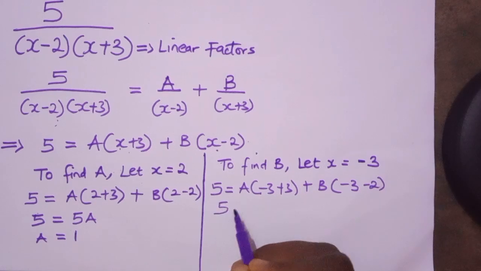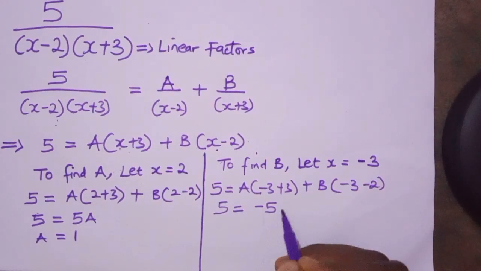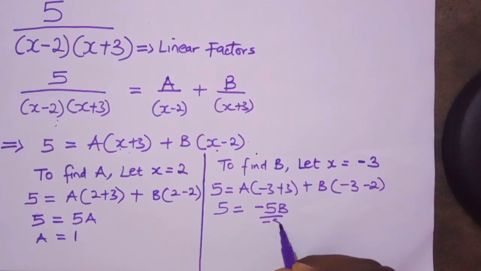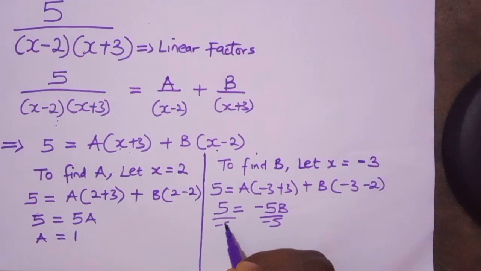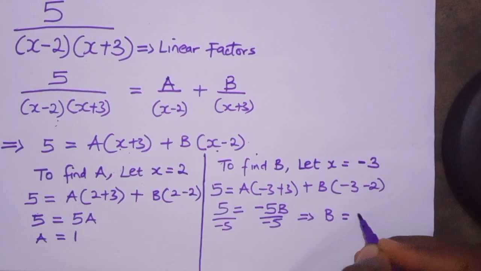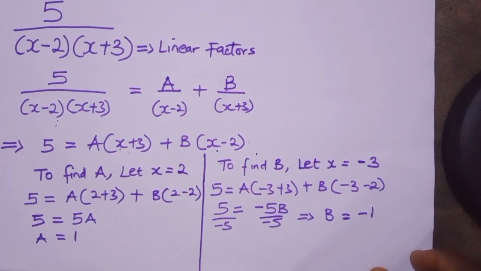So we have 5 is equal to minus 5b. Divide both sides by the coefficient of b, minus 5. So b is equal to minus 1. Now you can see we have found our a and b.